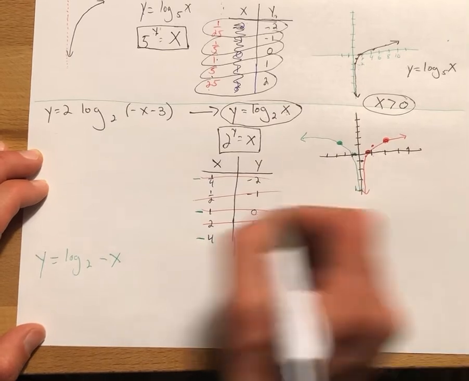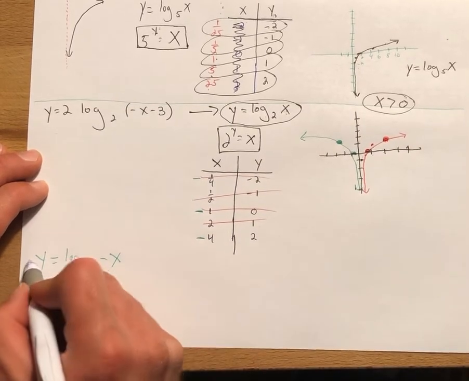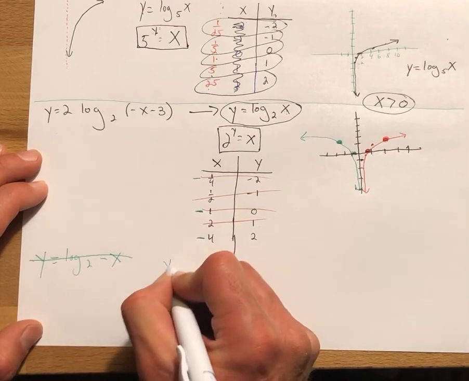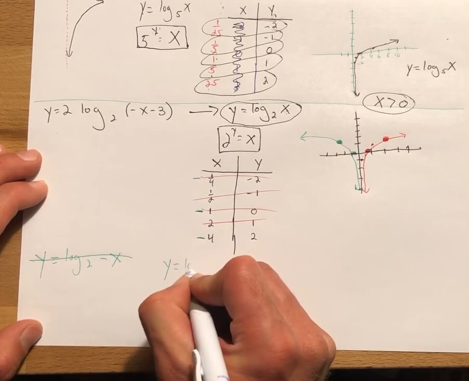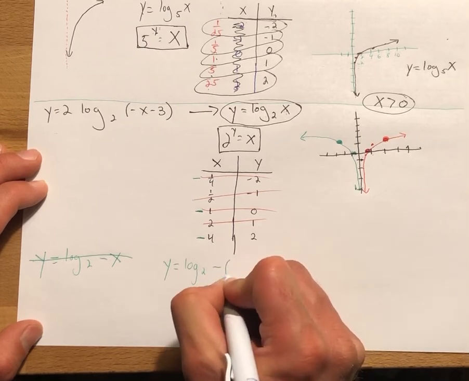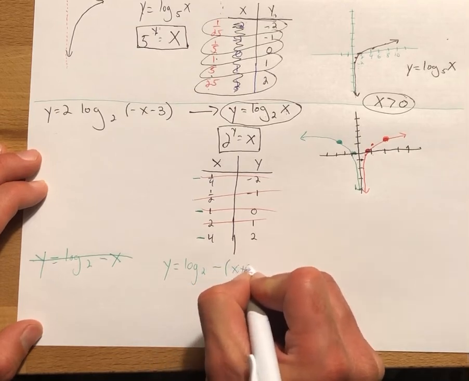All right, here's this graph so far. Now the next step is, instead of negative x, we are going to change it to y equals log base 2 of negative, let's say, x plus 3.